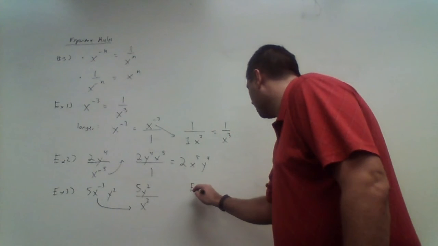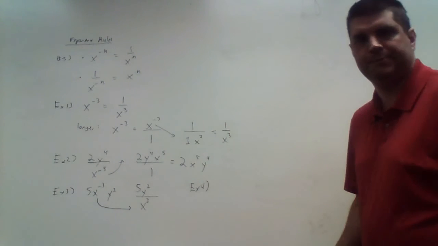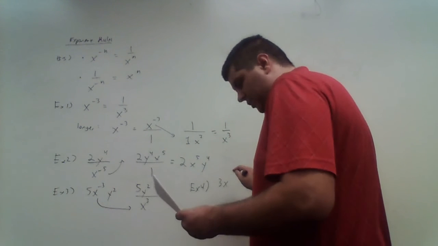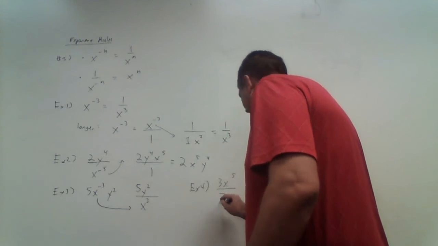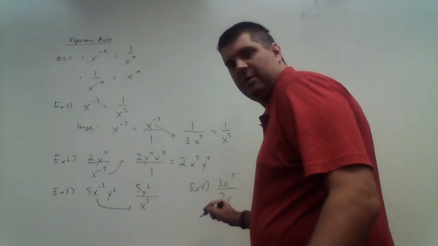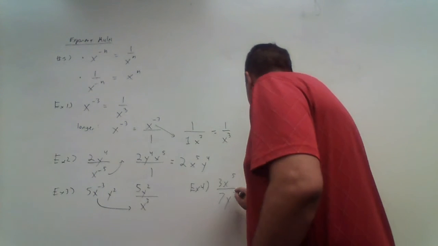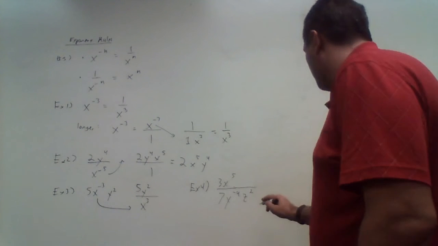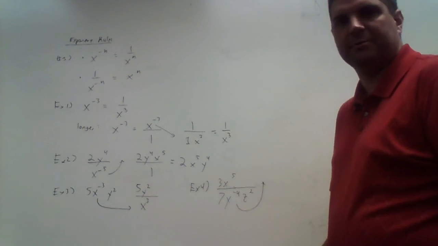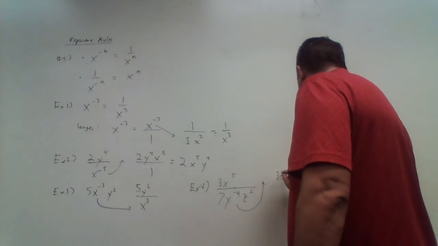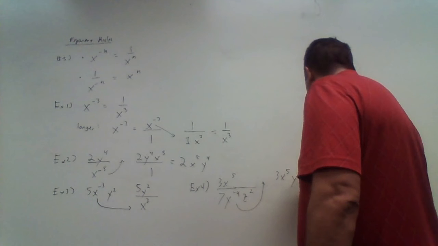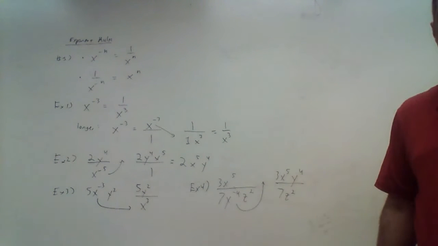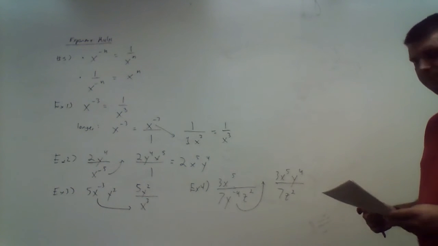And then example 4. 3x to the 5th over 7y to the negative 4th z squared. So this moves to the other side of the fraction bar and becomes positive. So 3x to the 5th stays where it is, but you will have y to the positive 4th. And then 7z squared is left as is. Okay?